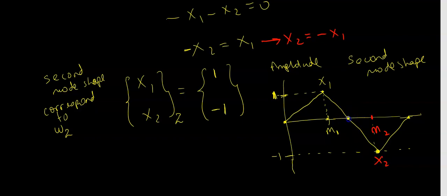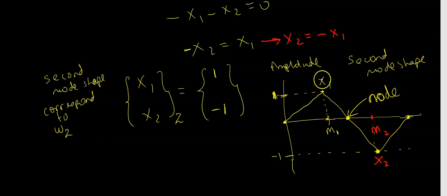At this point where it cuts the 0 axis, you know what they call this? Remember, this was a fixed point here and this was a fixed point here. So if it cuts the axis here, it means the amplitude is 0. We call this point a node. A node is a point where there's 0 amplitude, doesn't oscillate.